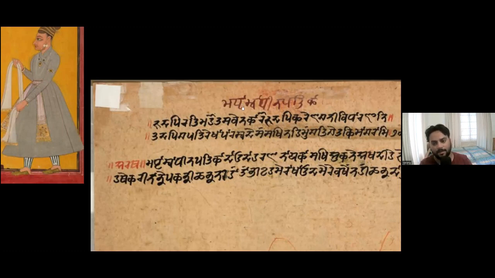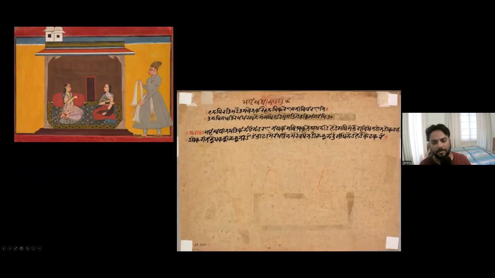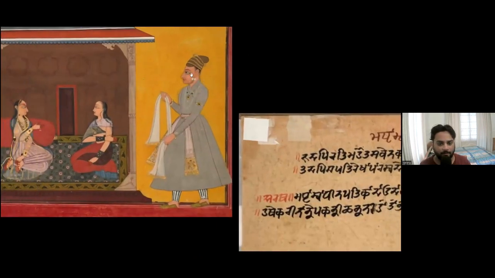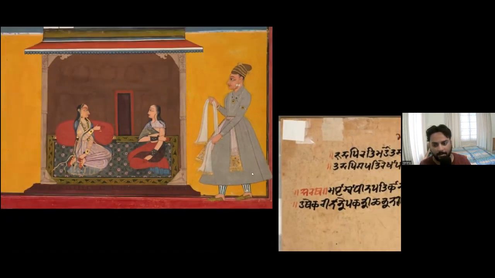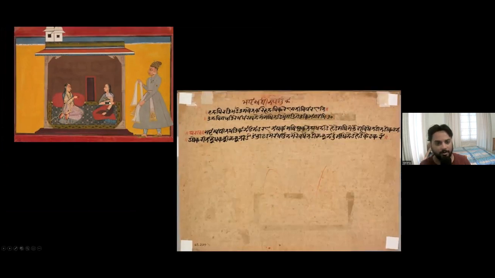It is Madhya Swadhin Patika. So Madhya and Swadhin Patika is the one who has her husband in her control. So she has enslaved her husband, and this is the poor guy. You can see from his expression. And here is the Swadhin Patika, and here is Sakhi. They are talking about how you do not treat your husband very well.